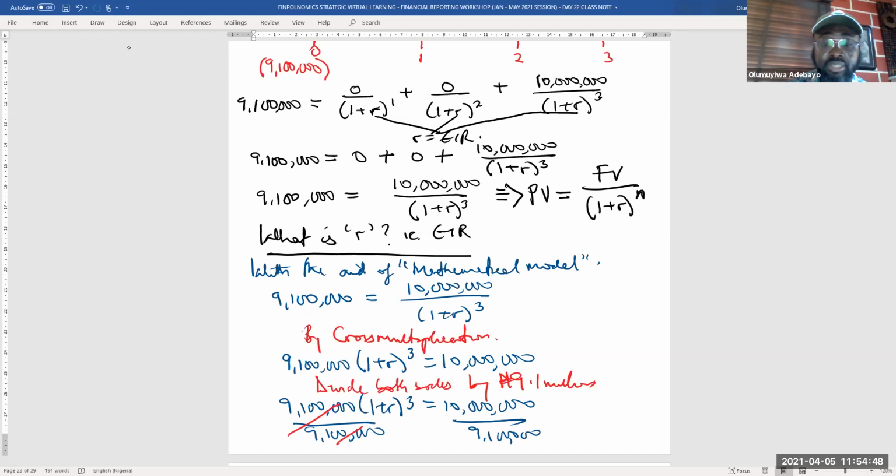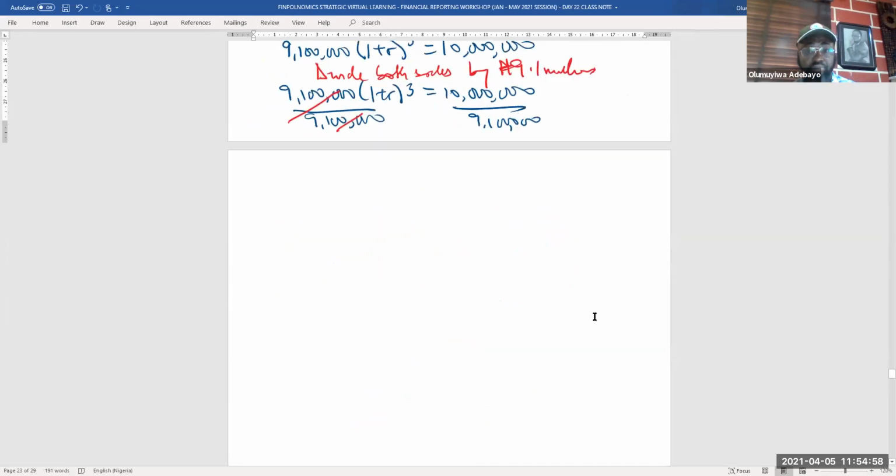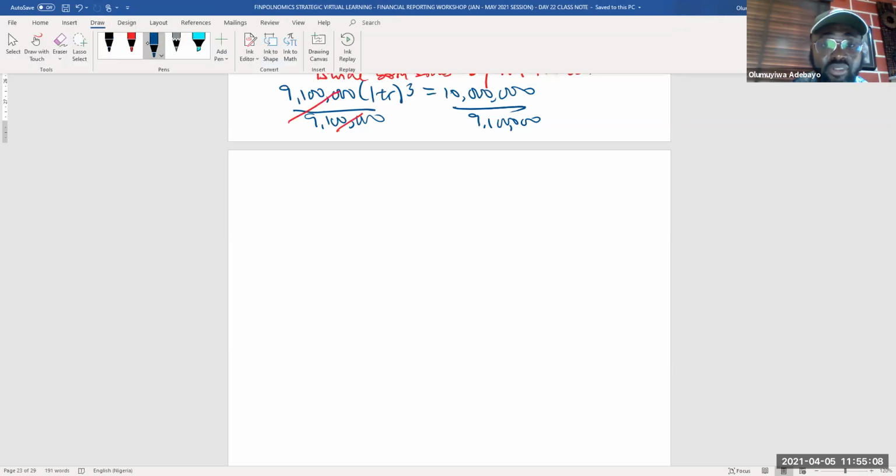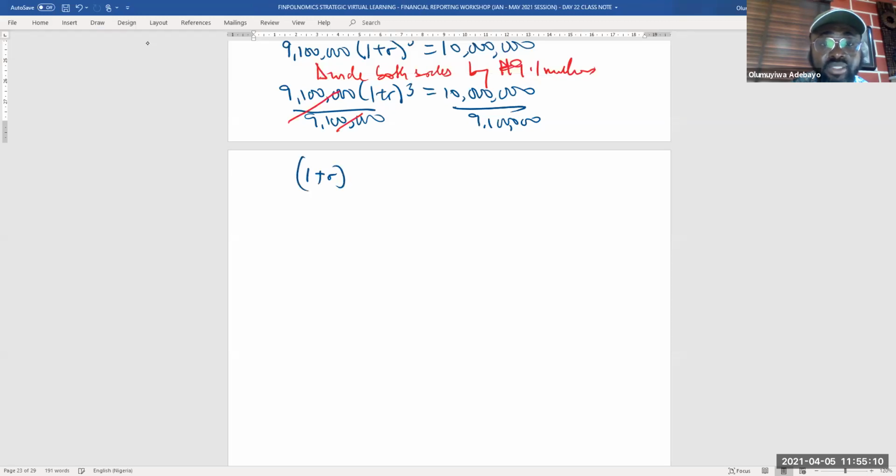So doing, what do I have? I have 1 plus R raised to the power 3 equals 10 million over 9.1. 10 million over 9.1.